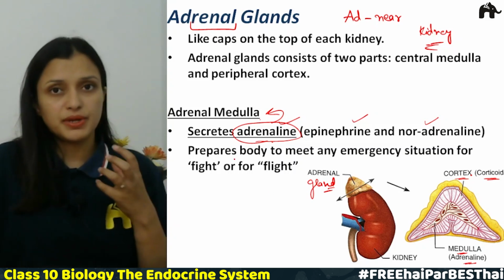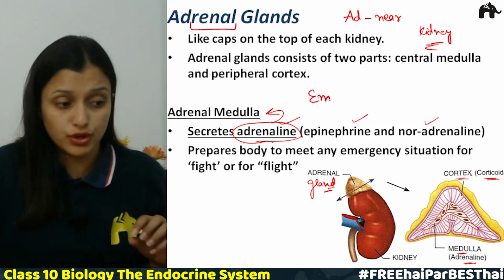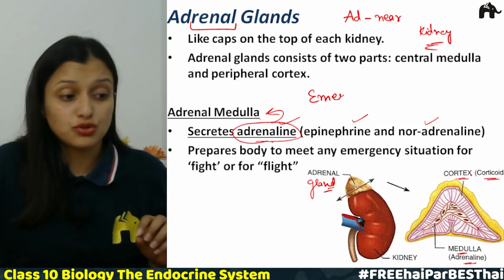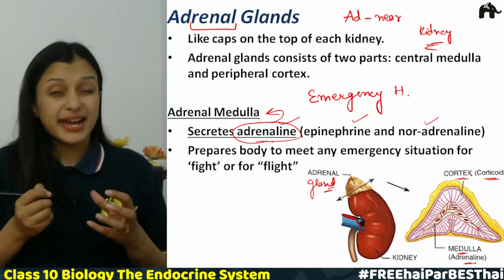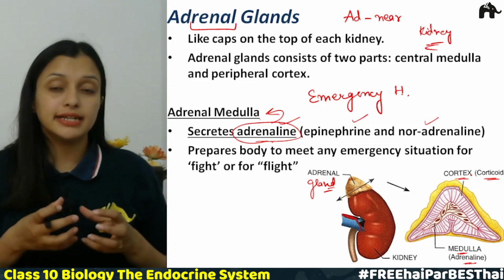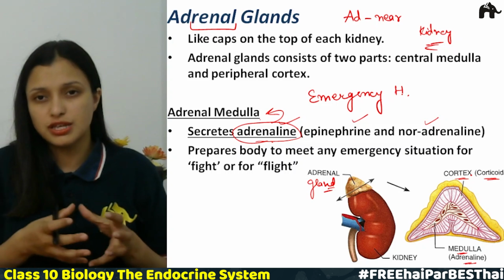It is a hormone which is also called the emergency hormone. What do we call it? We call it the emergency hormone, right? Why? Because it is mostly secreted in our body when we are going through any emotional stress or something, right?